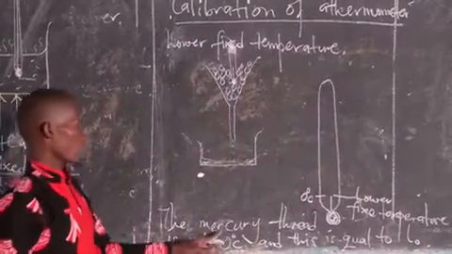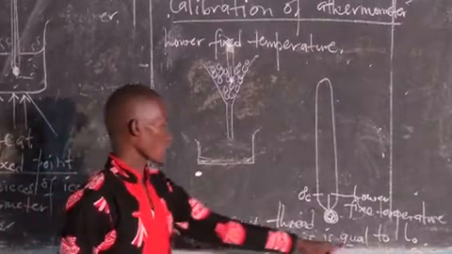That L naught is the mercury thread at 0 degrees Celsius.